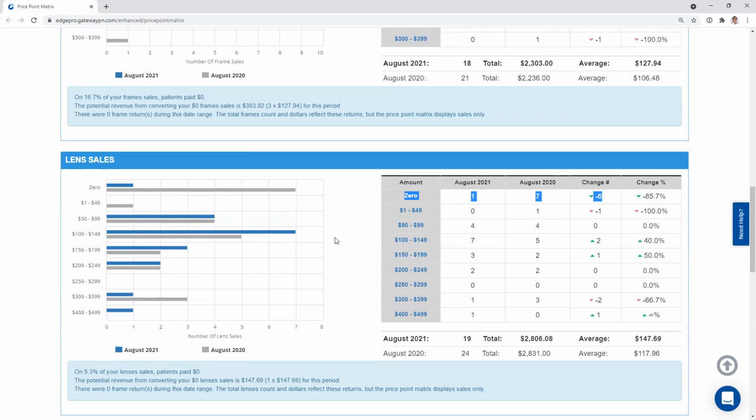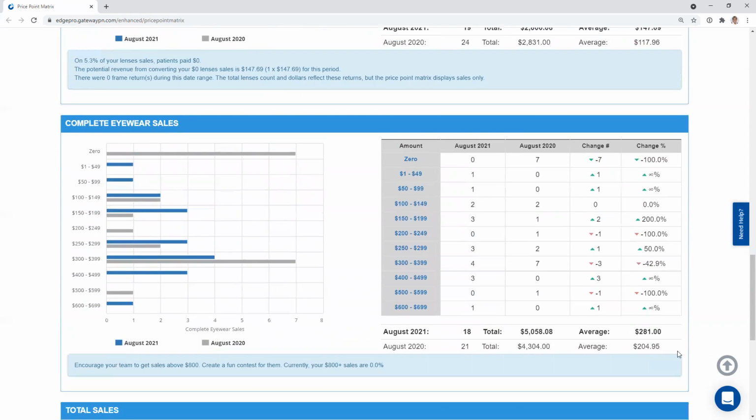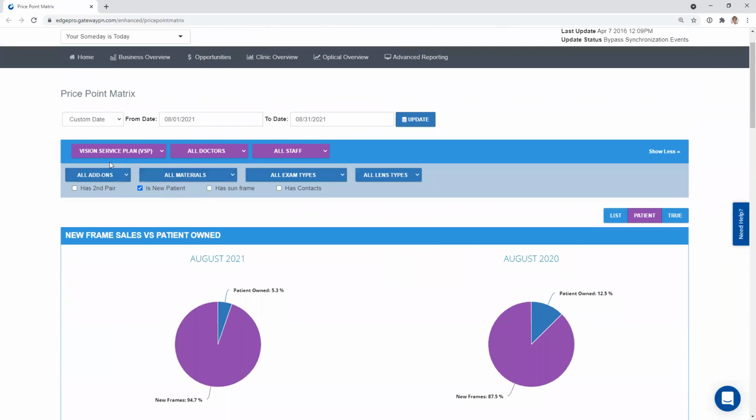So when I'm thinking about VSP new patients, we can tell that overall, yes, our new patients with VSP are spending more money this year than they did last year. So you can use all of the filters, and all of the filters are going to be located right up here at the top for any type of pricing that you're wanting to see.